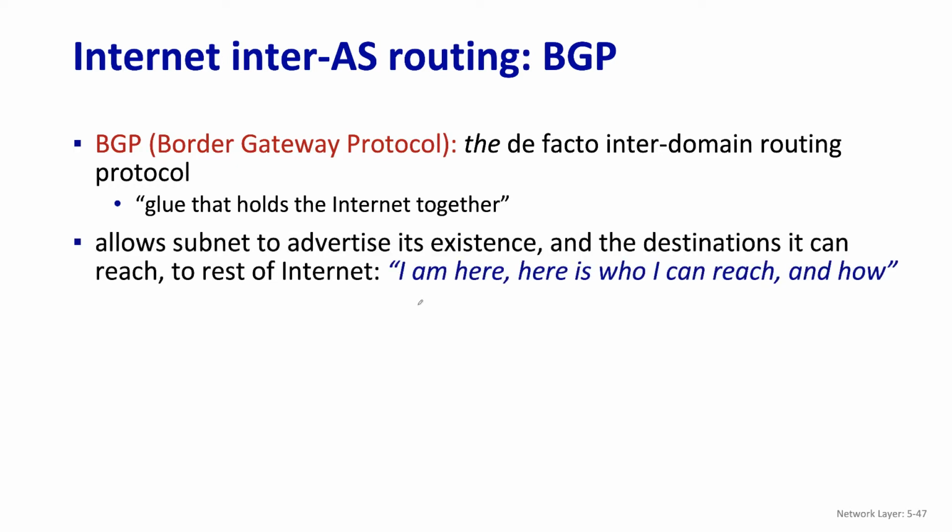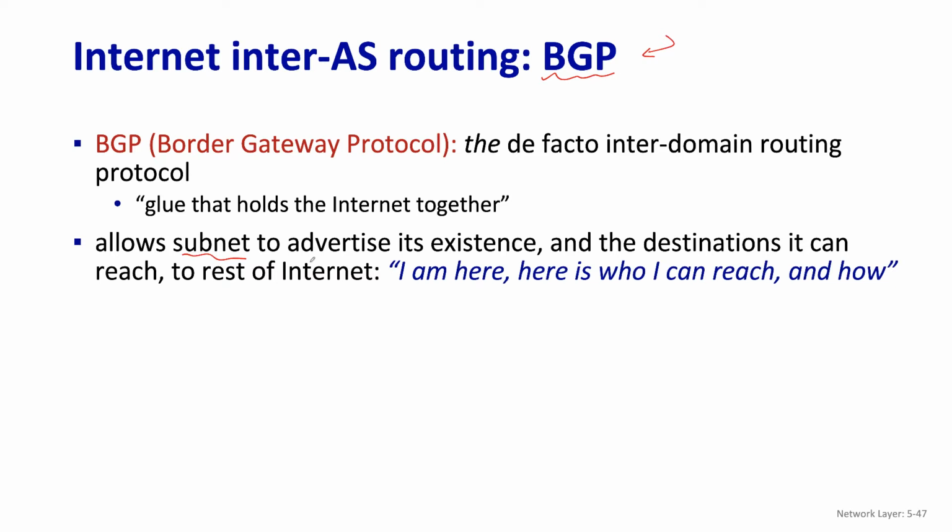This protocol allows subnets or networks to advertise their existence and the destinations they can reach to the rest of the internet. So this routing protocol is designed for the internet.